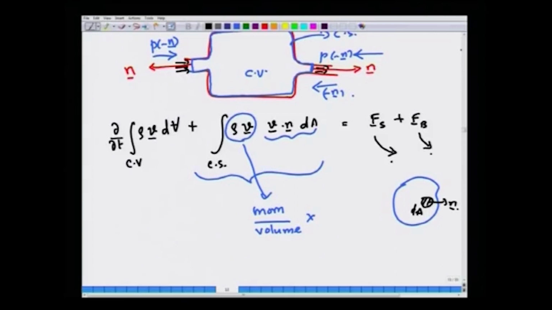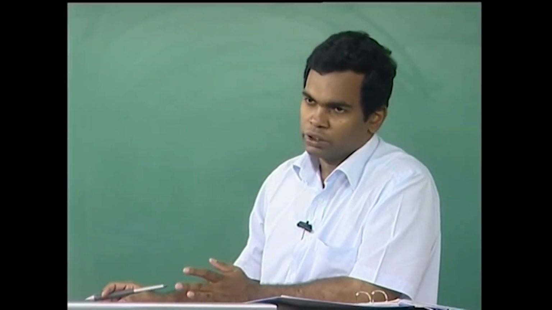What is the volume flux, volume flowing per unit time out of this differential control volume? This is V dot n dA. So, let me write it in red color. This is volume per time. So, this gives you the rate at which momentum comes inside the CV or goes outside of the CV by virtue of inflow and outflow through the control surfaces of the CV.